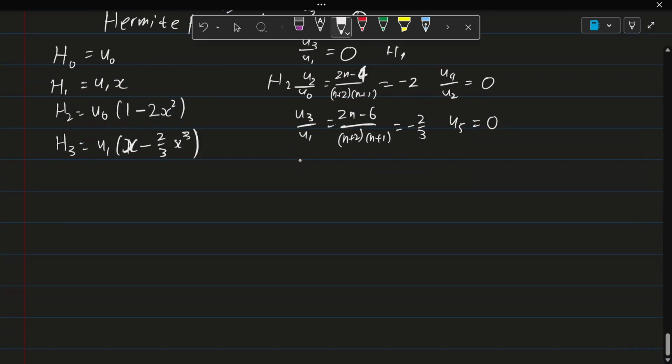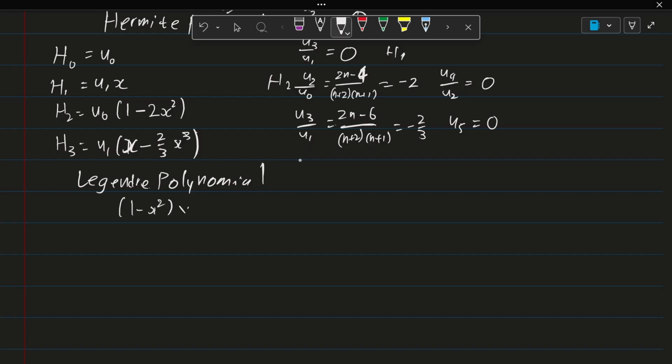Another type of equation that you normally visit in quantum physics is the Legendre polynomial. So this Legendre polynomial is a solution of the orbital spin, or the spin of the electron in itself. And so the equation is (1 minus x squared) y double prime minus 2x y prime plus L(L plus 1) y equals 0.